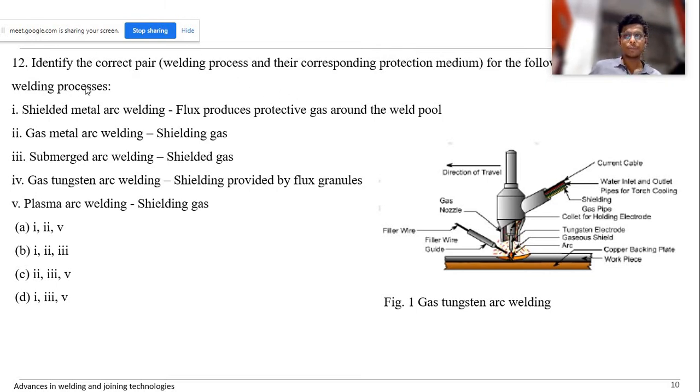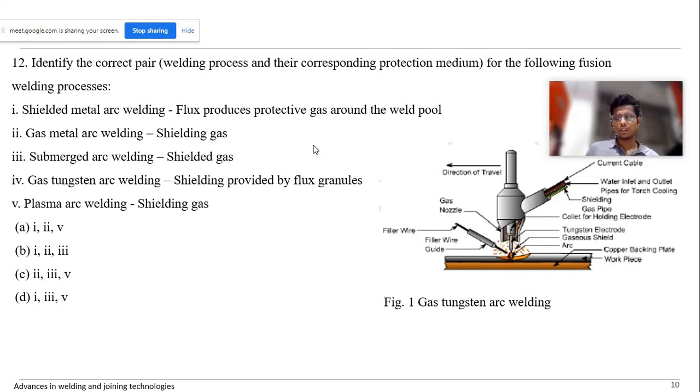Okay, I'll continue. Identify the correct pair of welding process and the corresponding protecting medium in the following fusion welding processes. First of all, the name itself suggests what we are using.